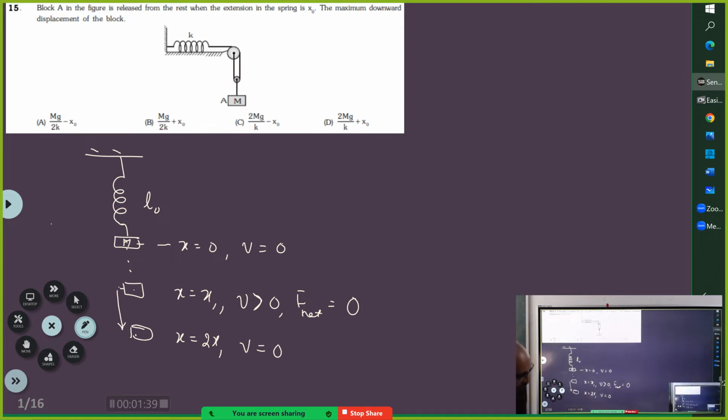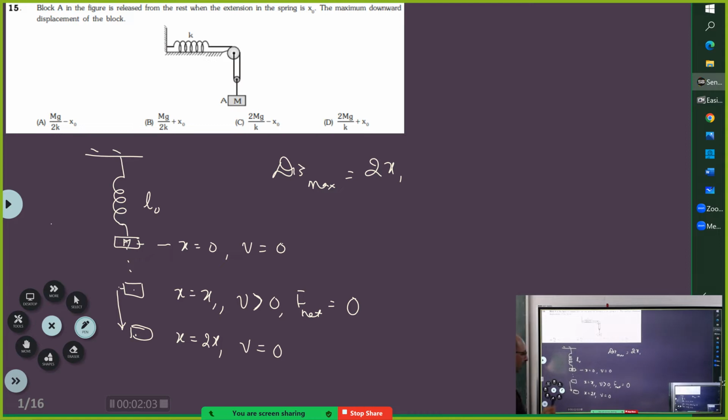It has got some velocity, and that will take it to this position. So if I ask what is the maximum displacement, the maximum displacement here will simply be equal to 2x1.